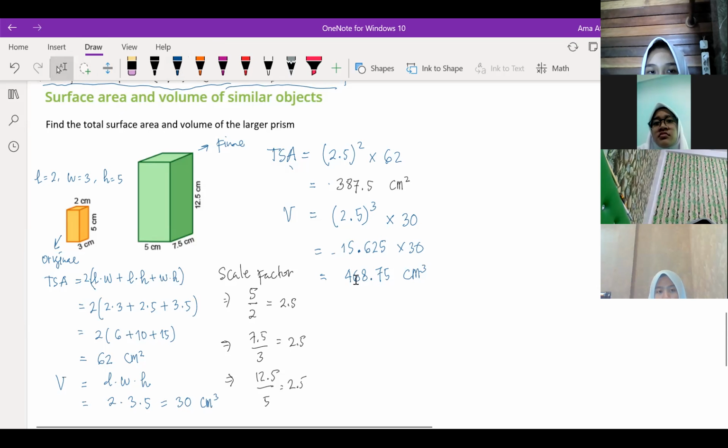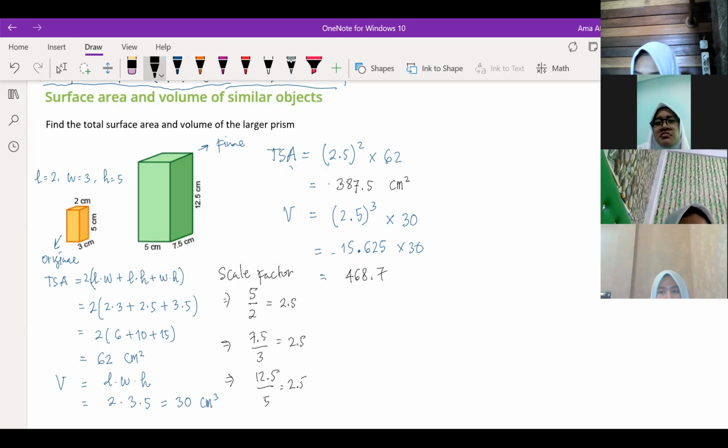Yeah. So are you okay with this? So we can find the total surface area and also the volumes using the scale factor. So 468.75 cubic centimeters.